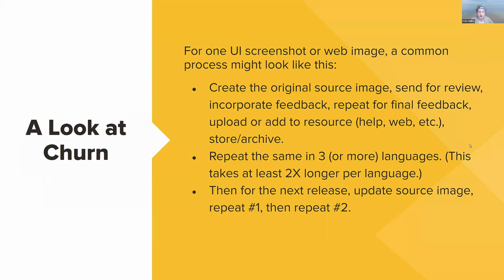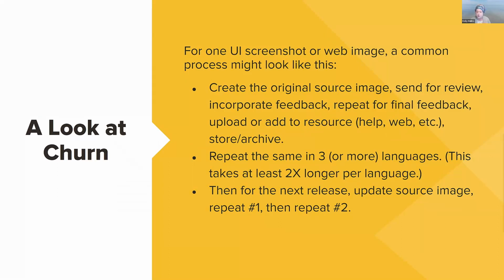So I want to talk about churn so you understand what I'm exactly talking about. So for one UI screenshot or web image, a common process might look like: I would create the original source image, I send it for review, I incorporate the feedback, I repeat it for final feedback, I upload it or add it to the resource, like a help file, a Flare project, or onto the web, whatever.